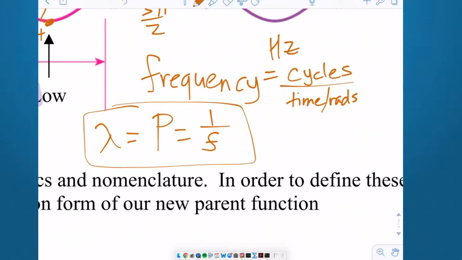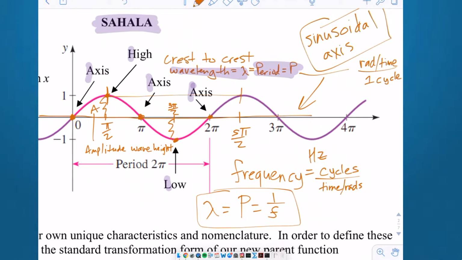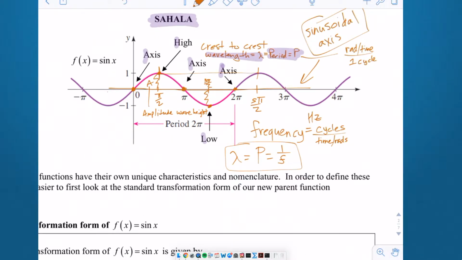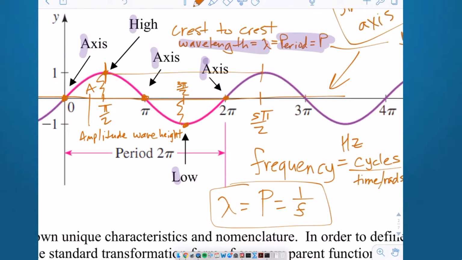All right? We're going to measure period simply because the frequency could be very, very high or very, very low, and so it might affect our graph. I want you to always be able to sketch at least one cycle, stretch it out, and clearly label it. If you change the frequency of the graph, you're not stretching or compressing it vertically.